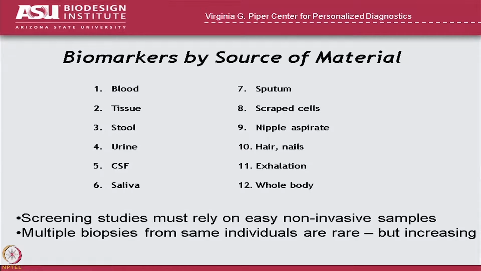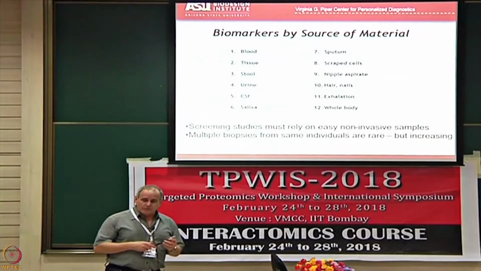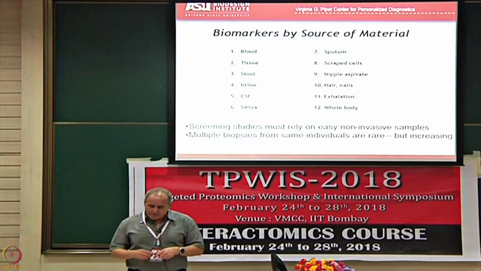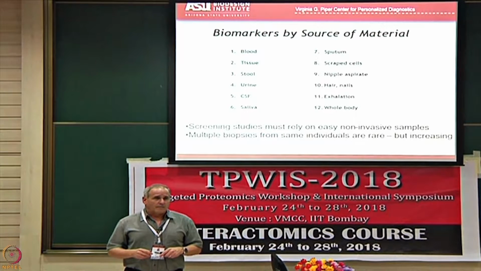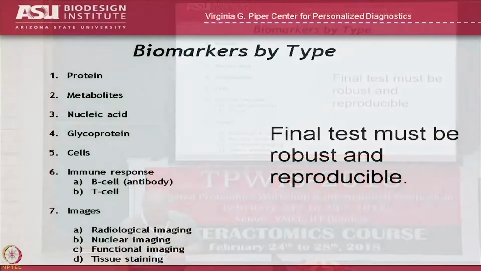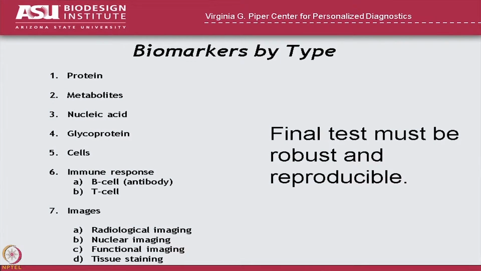You don't often do biopsies. There are a few other diseases where you might do biopsies. But most patients are not thrilled about having parts of them cut out. So don't do that often. But all of these, in one way or the other, have been used as one form of biomarker for people.